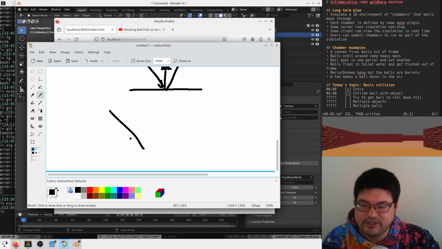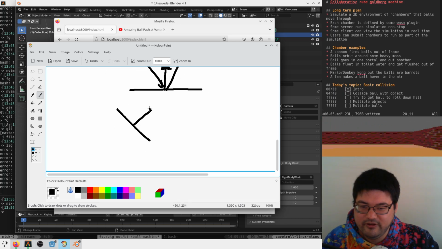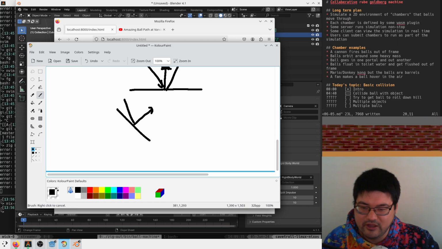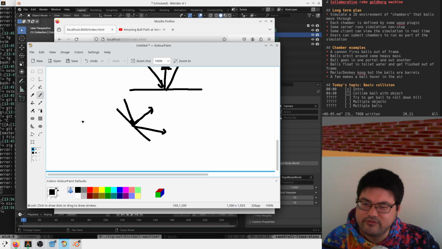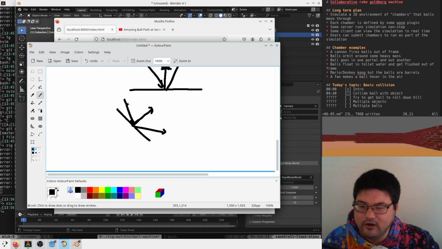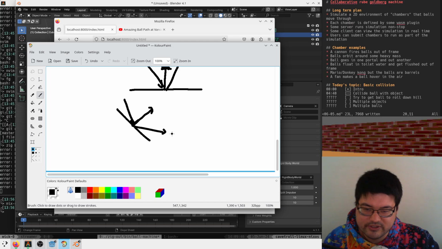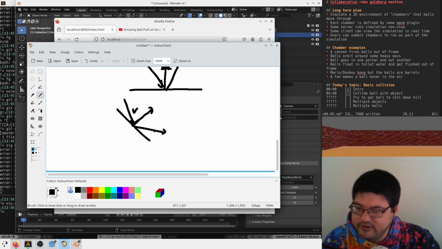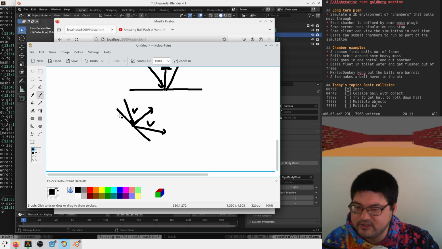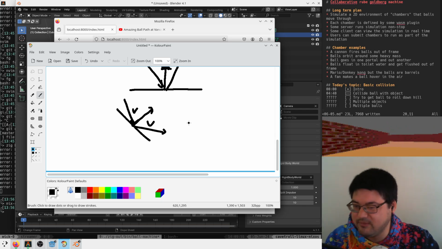Maybe using vertical actually isn't the best example. Let's do it on an angle, a shallow angle. Ball come in, ball come out. I think effectively what is happening here is, let's see, how do we draw this so that it makes sense? If these are velocities, and these vectors, if you imagine some time step, these are going to be the same.